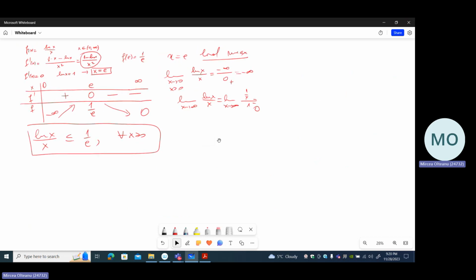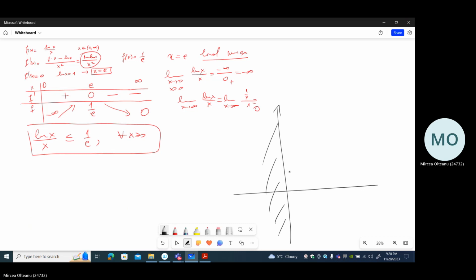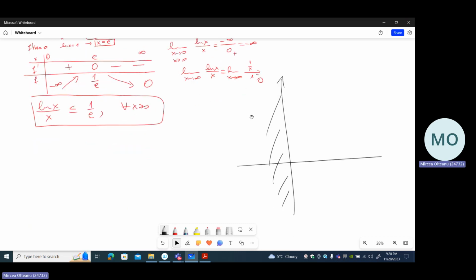Again, we can sketch the graph of the function. The function is defined only on the right of the vertical axis, and it starts from here.